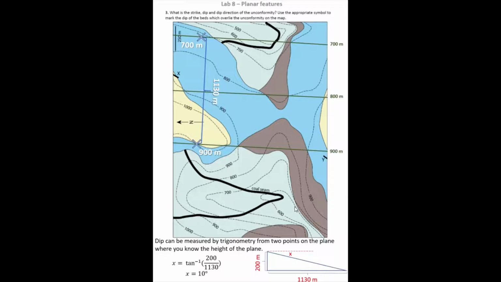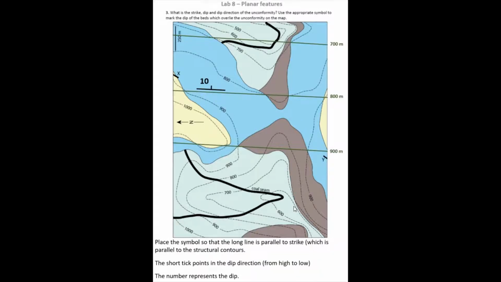We mark that on the map using the appropriate symbol, keeping our strike parallel to the structural contours. The dip tick points from high to low, and then the number that we record is the amount of dip, that angle that we've just calculated.